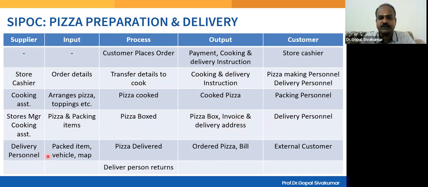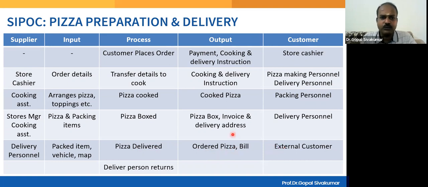Now the delivery personnel will collect the packed item, and then he will have his vehicle ready and the address along with the GPS mapping, everything readily available. So he will take care of the delivery aspect of the pizza order, and then the ordered pizza along with the bill and other necessary details reaches the end user.